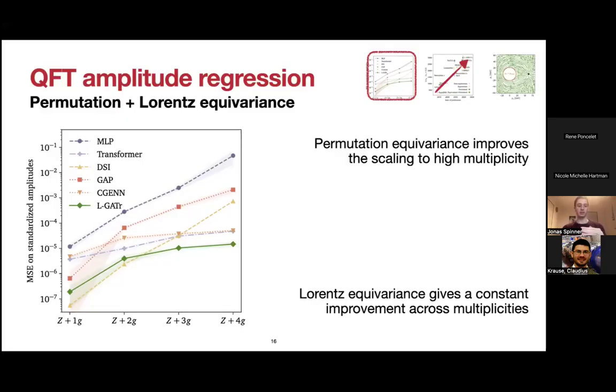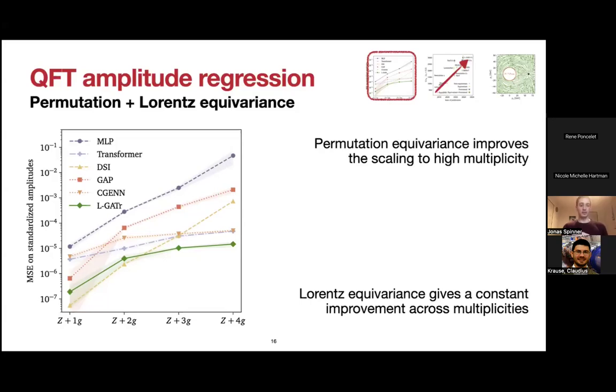Then we can compare the MLP and a transformer, and you see that a transformer is already much better. The reason is that the transformer implements the permutation symmetry in the process. You can essentially tell the transformer that all the gluons are the same, and for this reason the transformer doesn't have to learn again how the amplitude looks for different gluons.